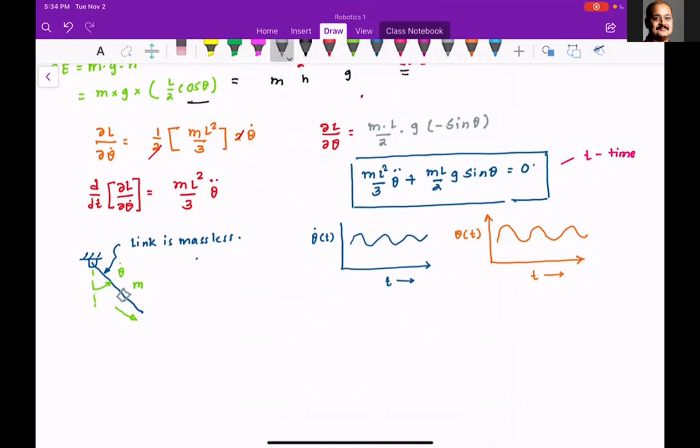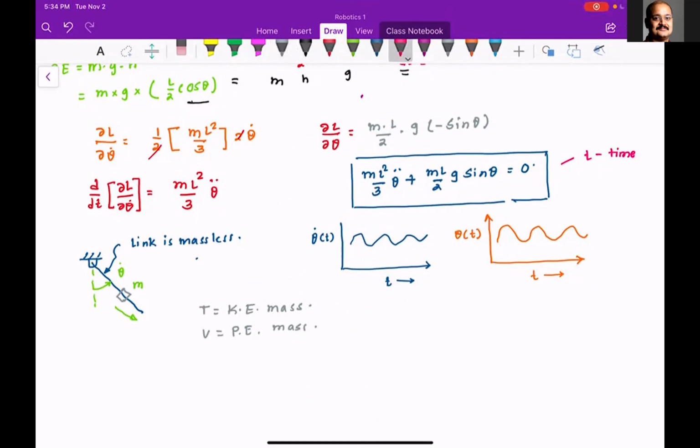So what I want to do is, I want to find out the kinetic energy of the mass and I have to find out potential energy of the mass. Now let's try to think about it for a second.